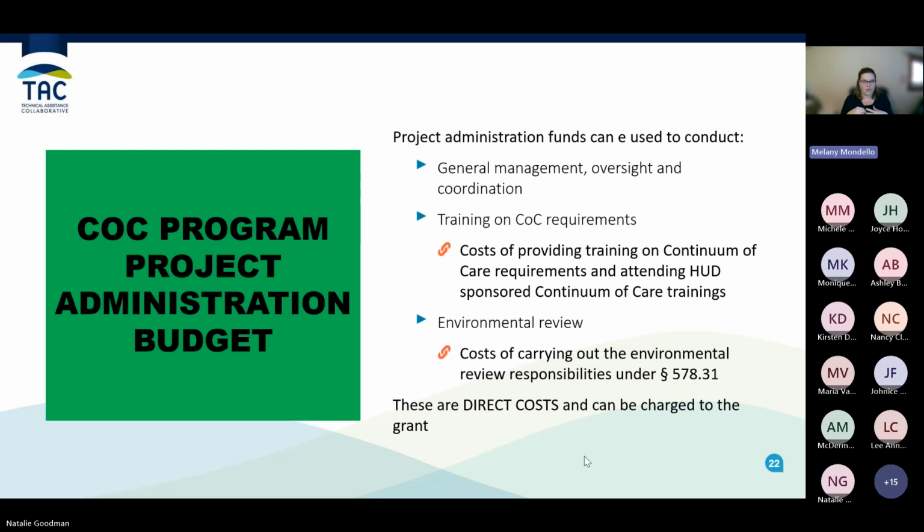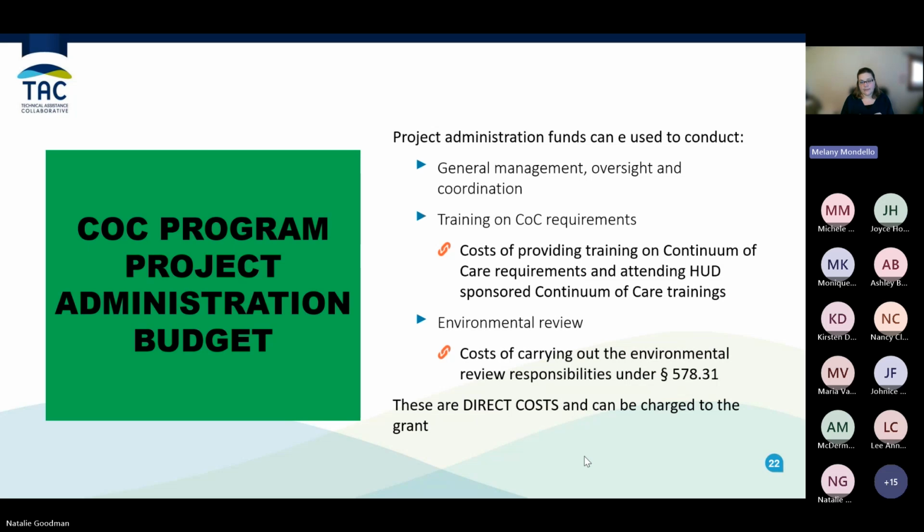Big title. We're going to go way into much more detail about that. The second thing is training on CoC requirements, and specifically the cost of training on the requirements that you're maybe doing locally, or if they're offered, attending HUD-sponsored Continuum of Care trainings. Those are eligible project administrative costs, so that particular budget line item.